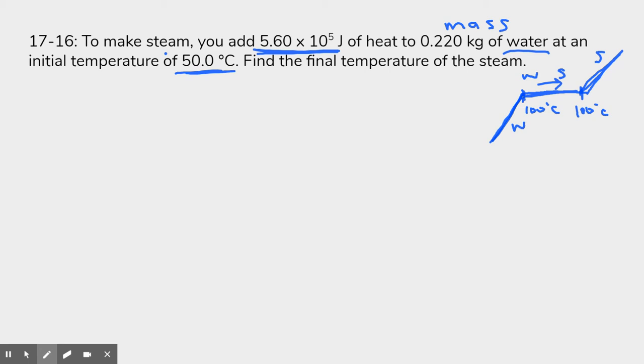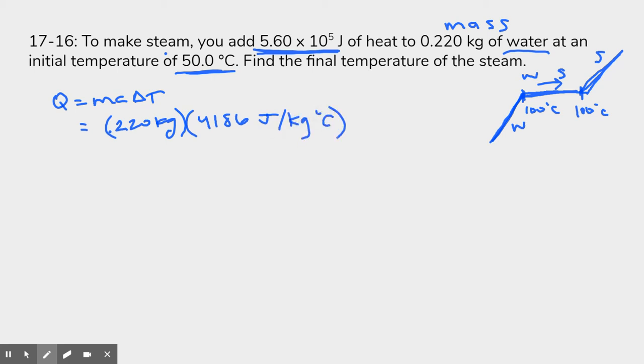Well, we can use the same formula we talked about last week, Q equals mcΔT. So let's plug in everything we know, which is 0.220 kilograms. And then we have the specific heat of water. That should also be in one of your charts. 4186 joules per kilogram degrees Celsius, multiplied by the change in temperature.